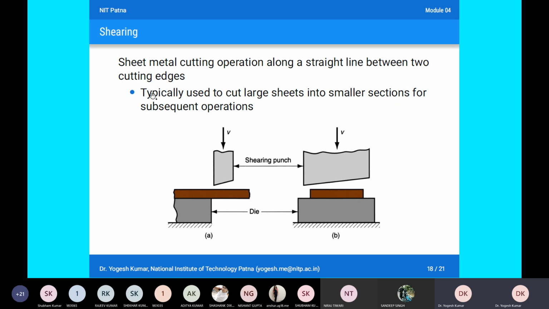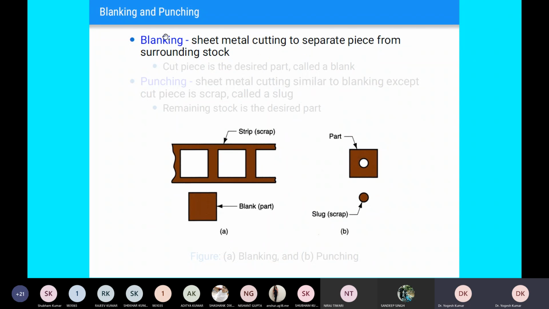This process is typically used to cut a large sheet into smaller sections for subsequent or other operations. So this is how shearing is used to cut large sheets into small sheets.